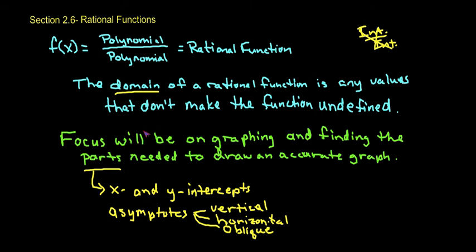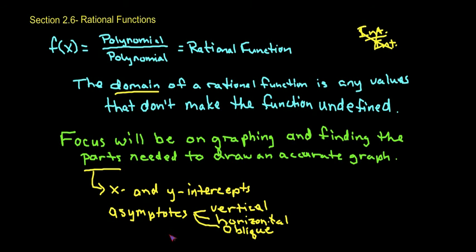Now, the main focus in the section that we're working on in 2.6 is going to be on graphing, and like I said, finding the different parts needed to draw an accurate graph. Things that you already know about in this class: x and y intercepts, so that's nothing new. The part that will be a little bit different for a lot of you is we're also going to find what they call asymptotes.